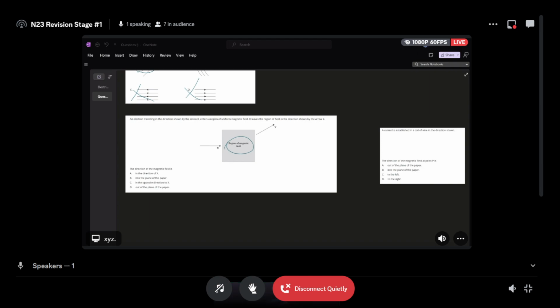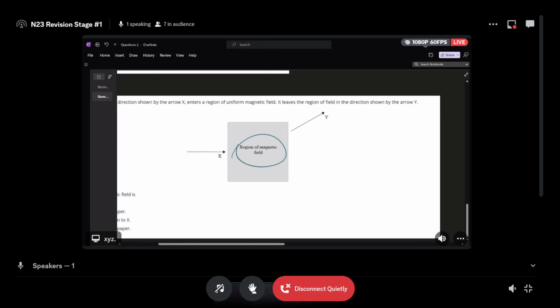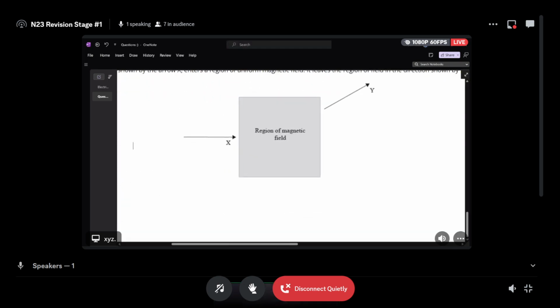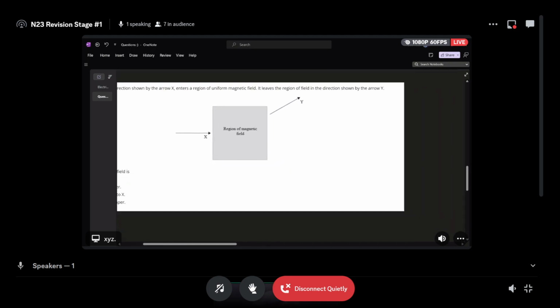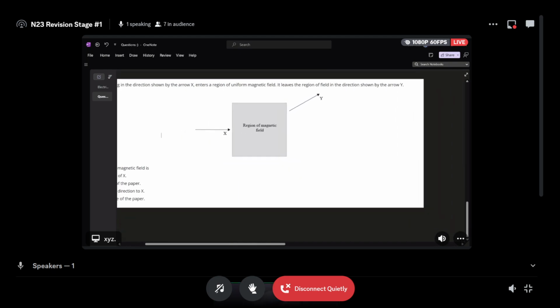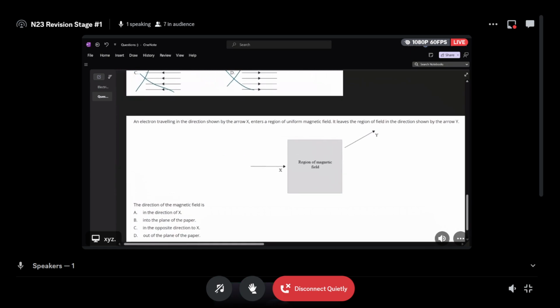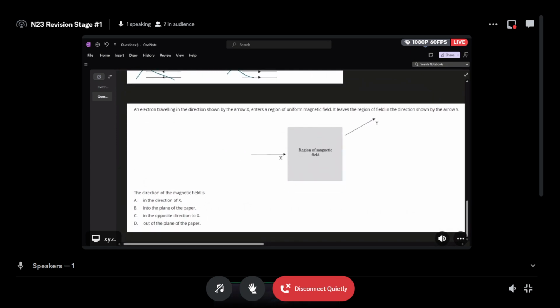Let's see. So, like I said, something must have happened in this magnetic field. We know that charged particles that are moving experience forces in magnetic fields.